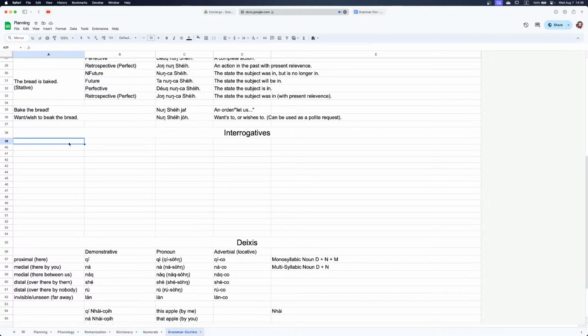Could also move the verb, but usually when there's verb movement for interrogatives, it's the verb going to the beginning of the sentence. Or the interrogative in general going to the beginning of the sentence.